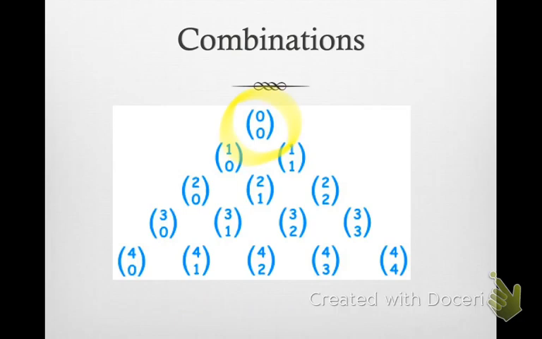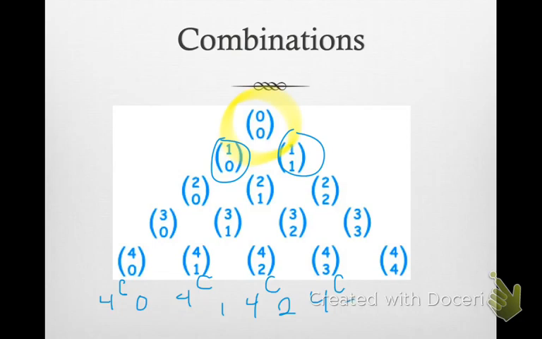This one here would be row 1, entry 0. And this one is row 1, entry 1. And so let's go down here to the 4th row. I could figure out what number this is going to be by taking 4 choose 0, 4 choose 1, 4 choose 2, 4 choose 3, and 4 choose 4.